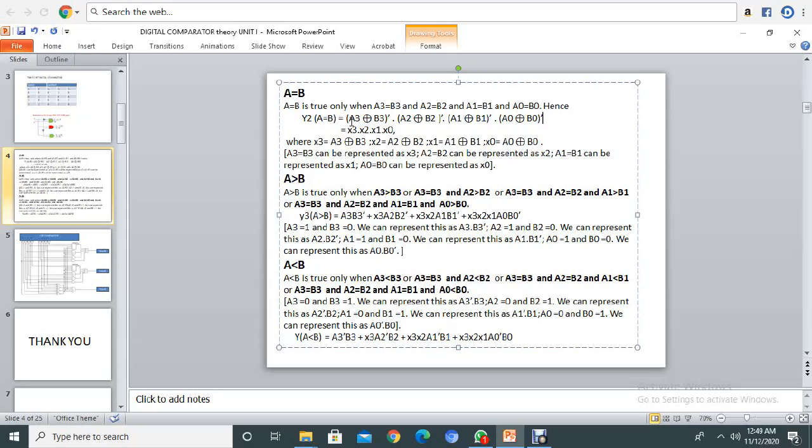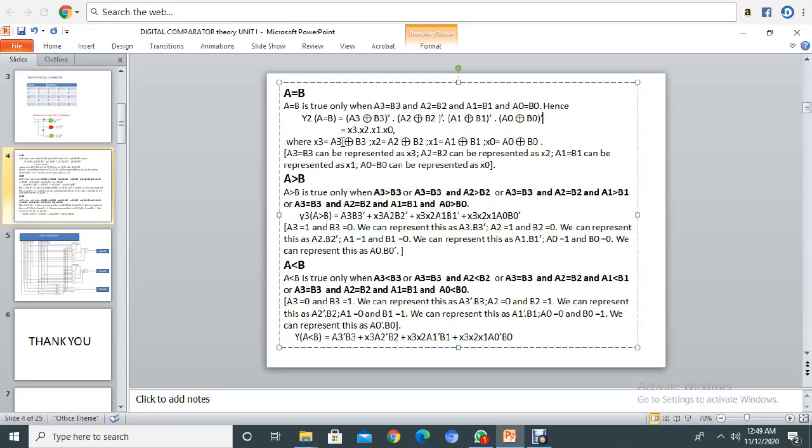So here A3 is equal to B3, so A3 XNOR B3, and A2 is equal to B2, so A2 XNOR B2, and here A1 is equal to B1, so A1 XNOR B1, and here A0 is equal to B0. So A0 XNOR B0, then Y2 is equal to 1.